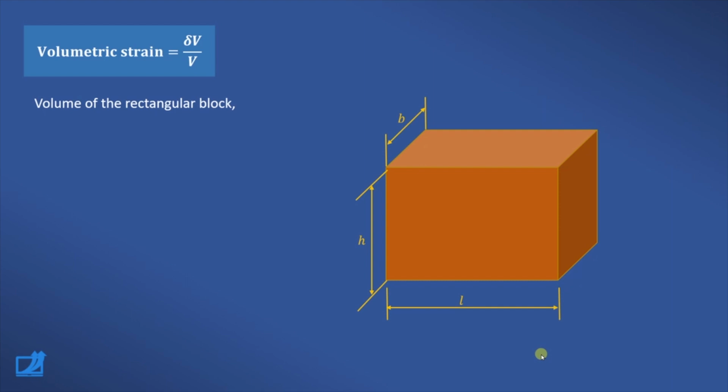Now volume of a rectangular block is simple: length into height into width.